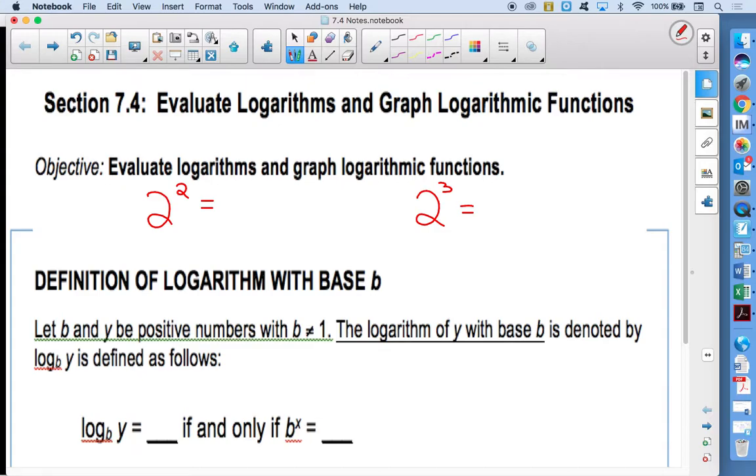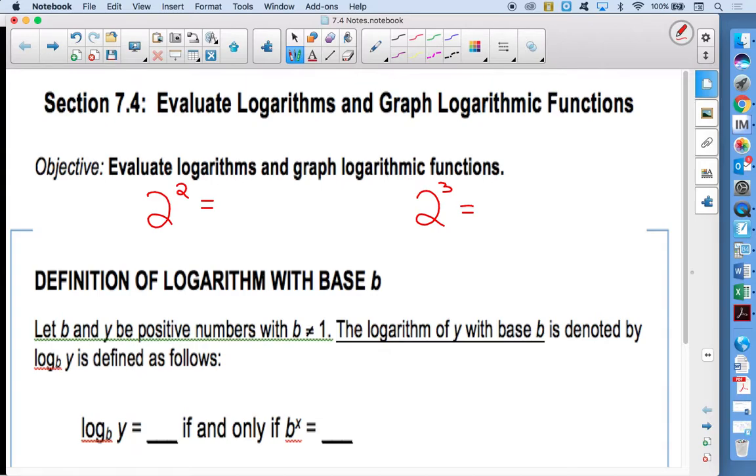Alright, so we are going to start the second part of the chapter today, which deals with a new function. The new function in the first part was the exponential function, where x was the variable as the exponent. In order to solve when x is an exponent, mathematicians needed something else because we don't have calculators.